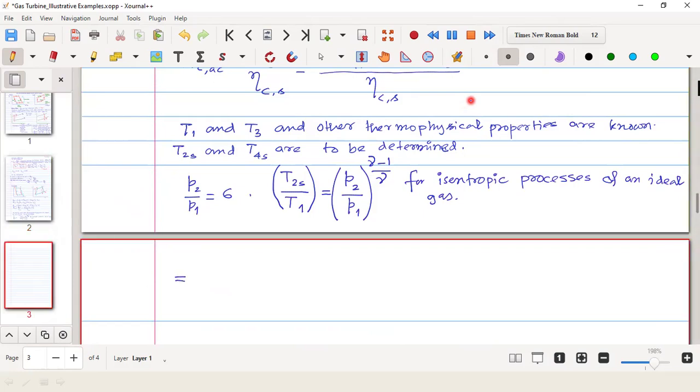Therefore, T2s is equal to T1 multiplied by Rp to the power gamma minus 1 by gamma. What is T1? 288.15 multiplied by 6 to the power gamma minus 1 by gamma.